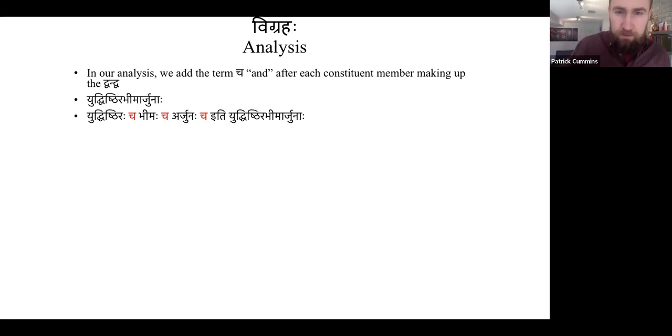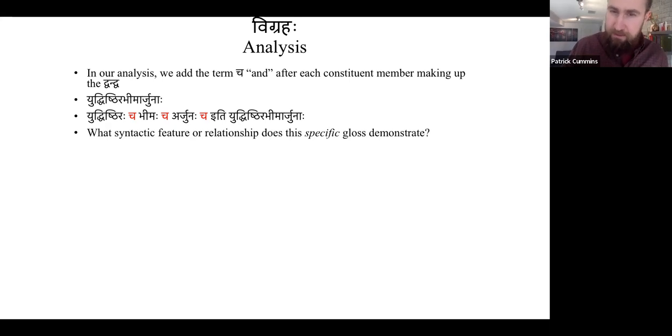And so one thing I want to ask is, does anybody know what specific feature our gloss is using these ands to point to? If you don't have the answer, it's okay. But any ideas?